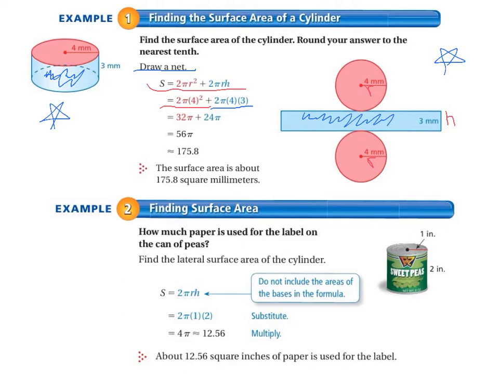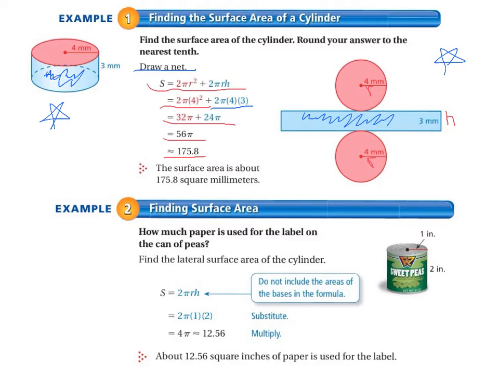So that's why there's a 3 in there. So we get 32 pi plus 24 pi equals 56 pi. And we are rounding to the nearest tenth, so when we calculate that, we get 175.8 for the surface area.